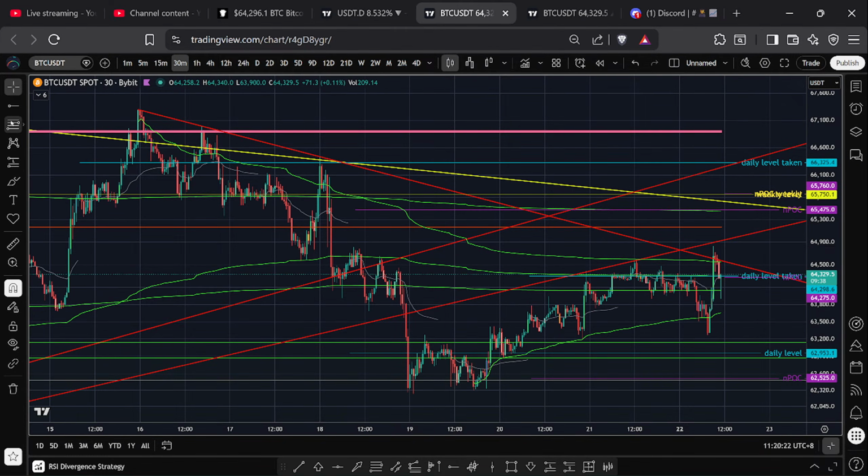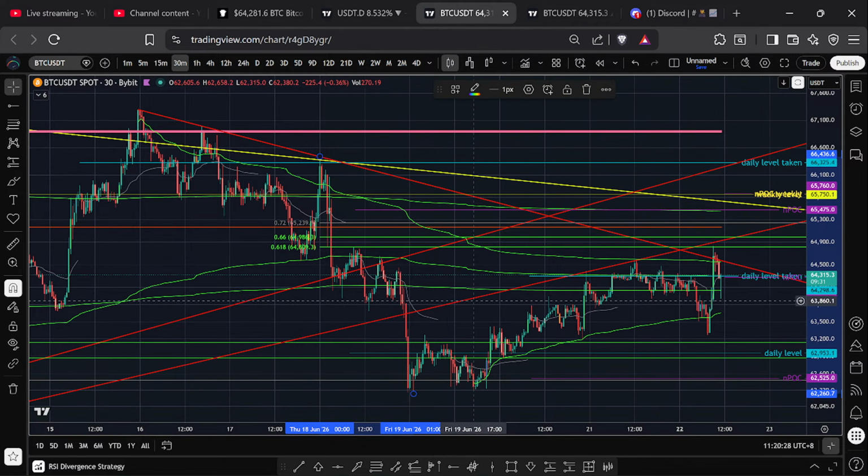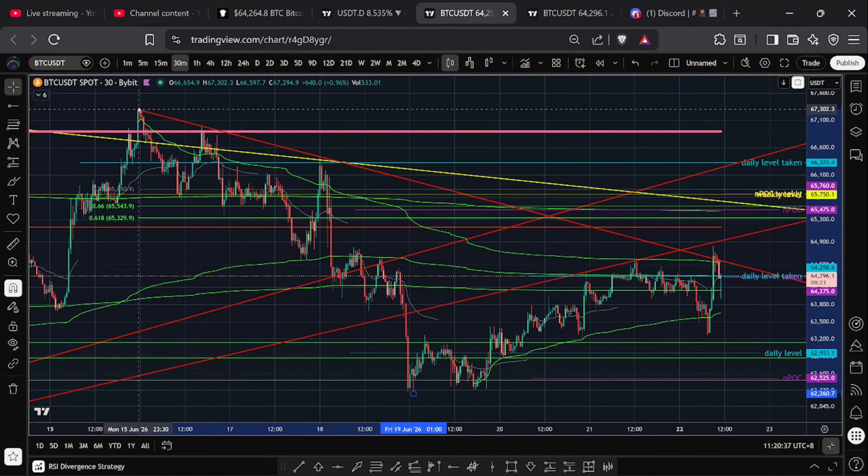Let's have a look at the fib pocket. Okay, well, let's take it up from the top. So that fib pocket's right in that area as well, from the very top.